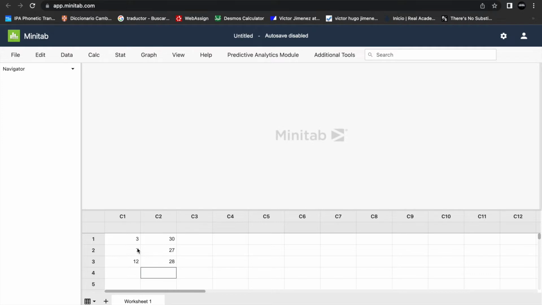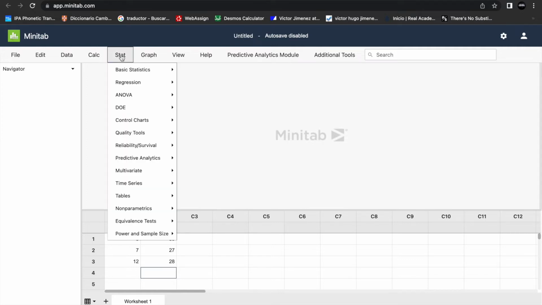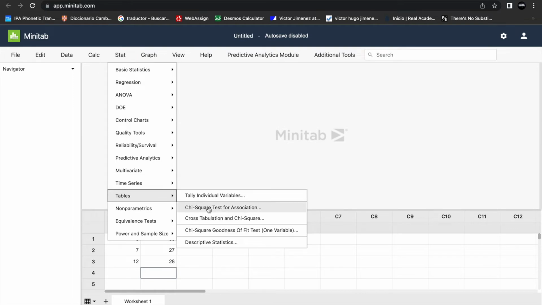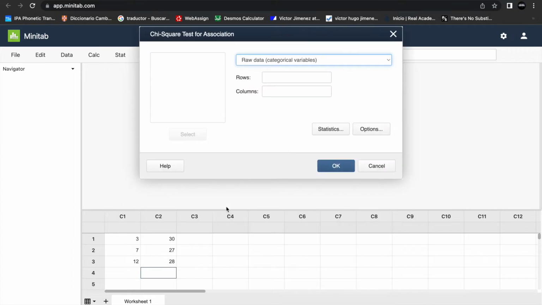Now, once you have this, and notice I put this in column 1 and column 2, you will have to go to Stat, Tables. In this case, chi-square test for association. Yes, I know we're computing this for homogeneity, but it's essentially the same computations.